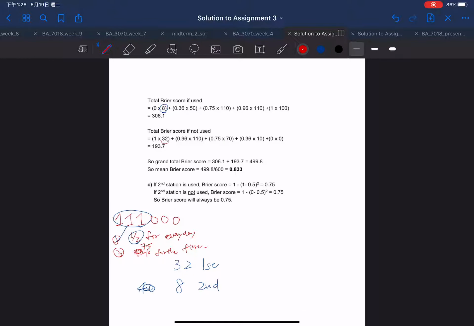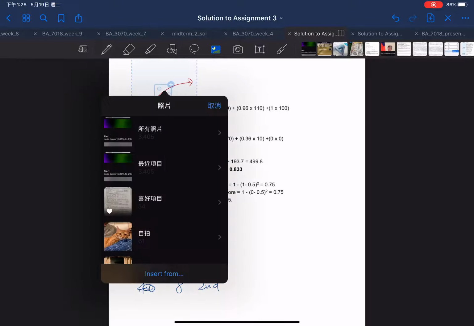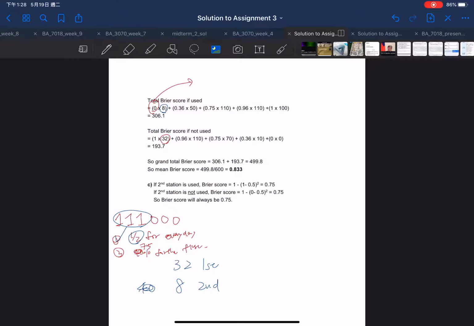Out of 32 days that the second station was not used. That's how the 8 and 32 came from. Okay? And why is there a 0 here? This 0 comes from the fact that, in this case, the prediction, out of those 40 days, the prediction was what?